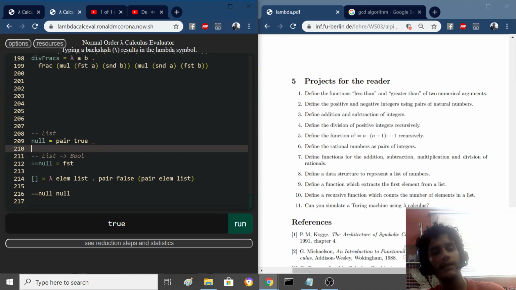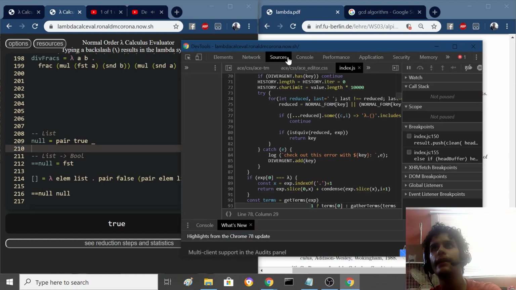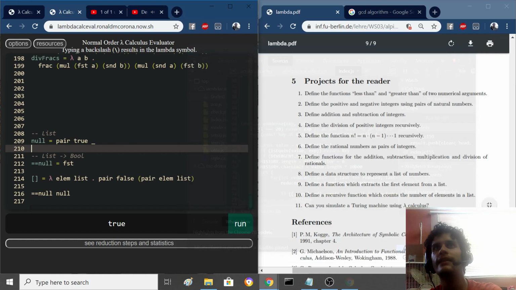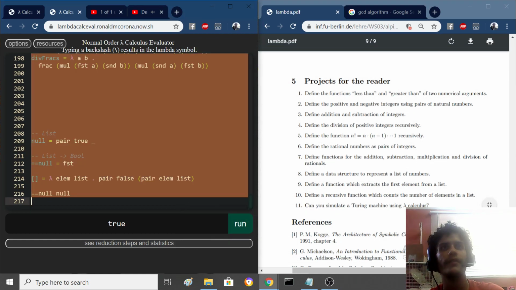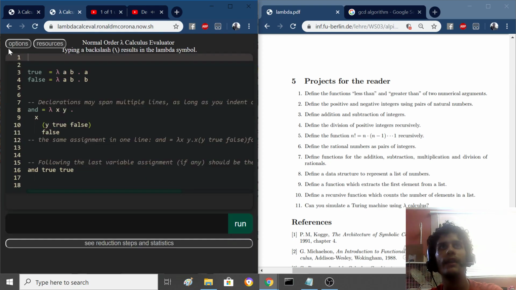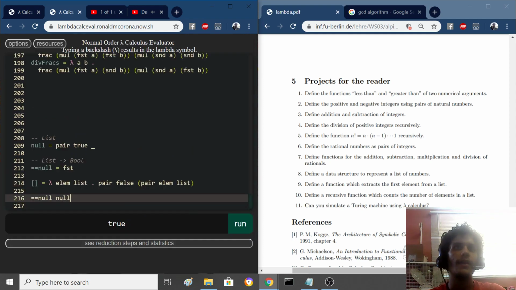It's the fact that we raised that limit there, which makes it take longer to check stuff. So I'm going to refresh this, and the limit should be gone by now. There you go, a lot faster, 10 times faster. So yeah, null is null.